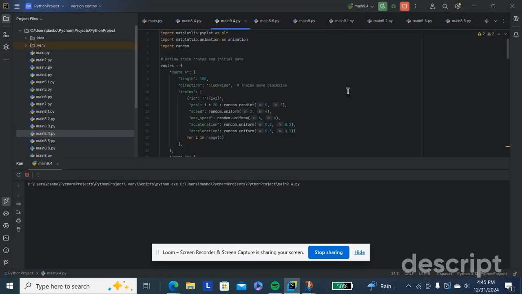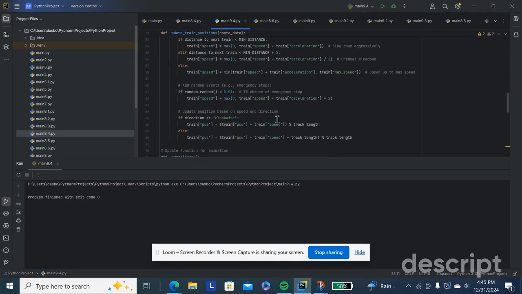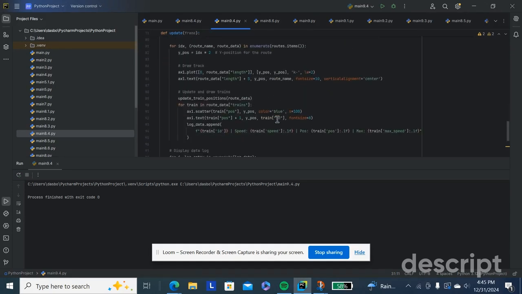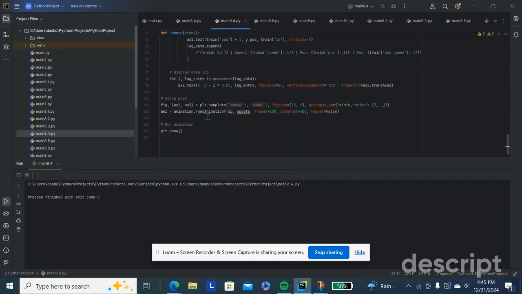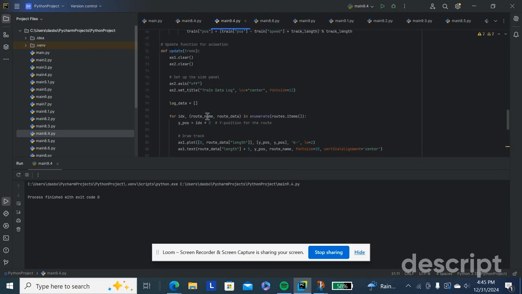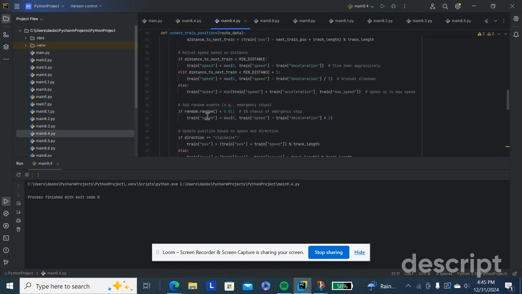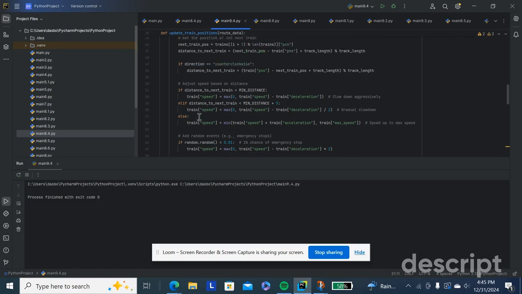That is a bit of a flaw, I believe. But later on I did realize that could have been the emergency scenarios that we did put in, I believe, up here. Yes, a random event, perhaps.